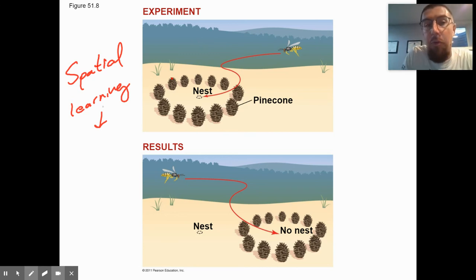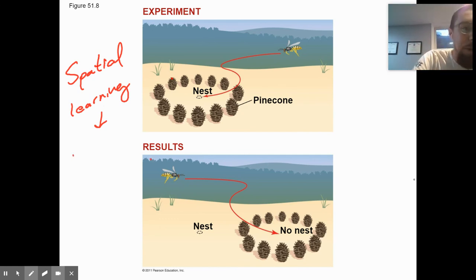Digger wasps perform spatial learning behavior by noting where their nest is and memorizing what kinds of environmental cues are around them. Nico Tinbergen studied this behavior as well, and he would find digger wasps that had a certain nest location and then change up what was around their nest and move it to another location, confusing the digger wasps and showing that spatial learning was occurring, right?